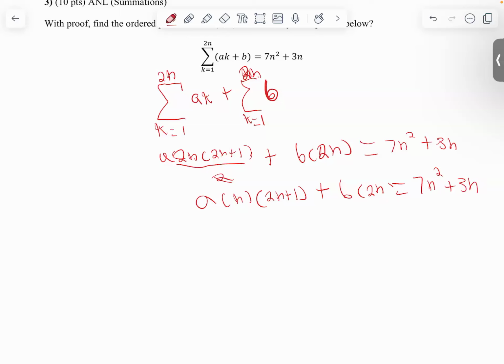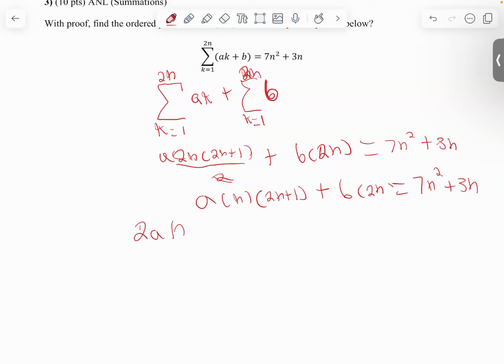And then from here, we can start distributing the a, and when we do that, we get 2 to the a, that we distribute to the a to the n and to the 2 to the a n squared and the plus a. Or we're distributing the a times n, my bad.